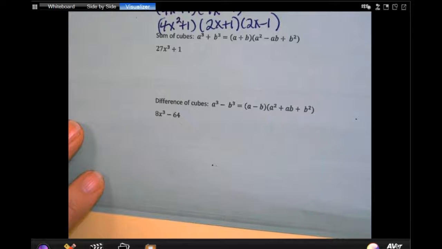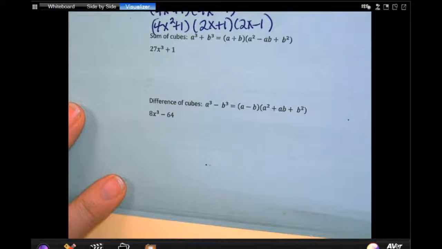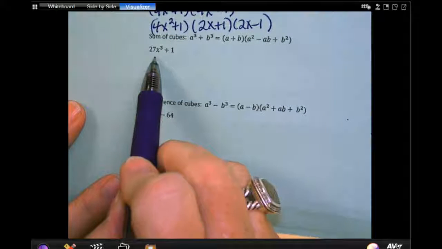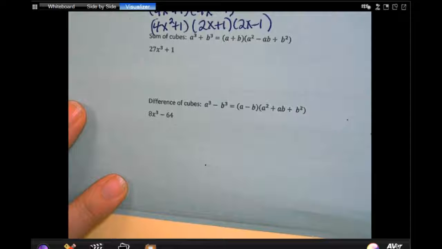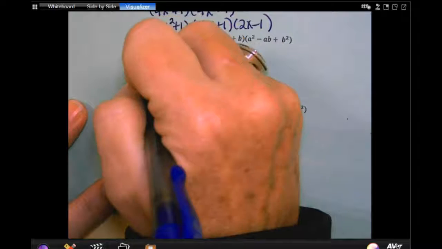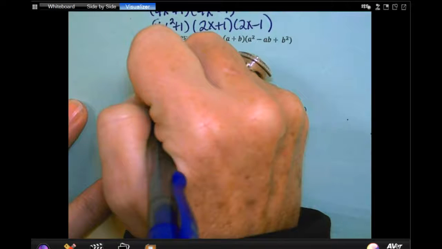There's nothing else you can do. Just follow the formula. So, if I look at 27x to the third, what number cubed gives me 27? 3. So, I'm going to have 3x to the third, and this is my a.